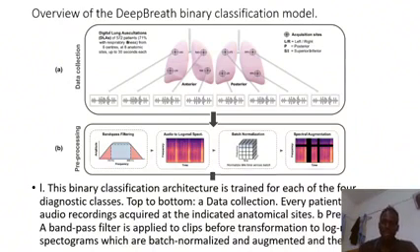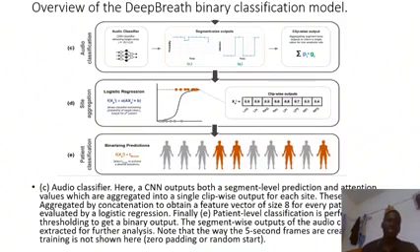Then the results are fed into the audio classifier, which produces the probability and the attention values. The two are aggregated into a single clipwise output for each site.